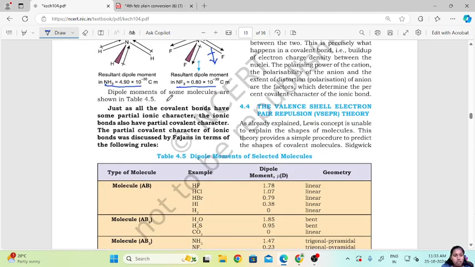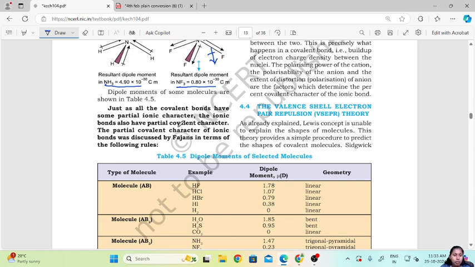Just as all the covalent bonds have some partial ionic character, the ionic bonds have a partial covalent character. All the covalent bonds have a partial ionic character, because even though both the atoms involved have an ionic character towards themselves, they have a partial ionic and a partial covalent character.